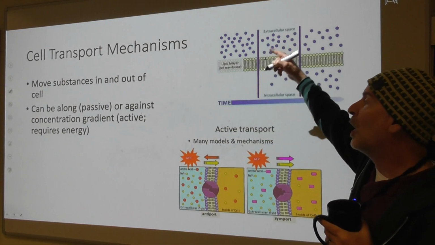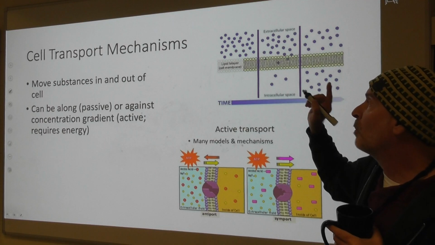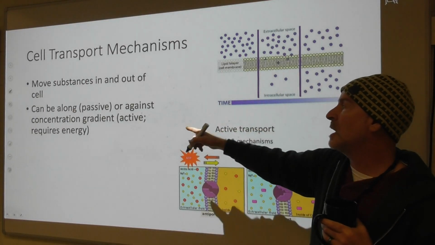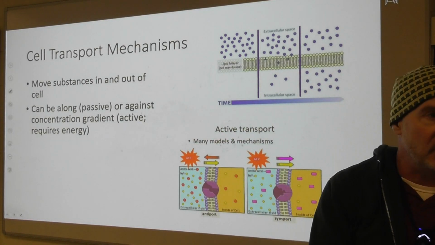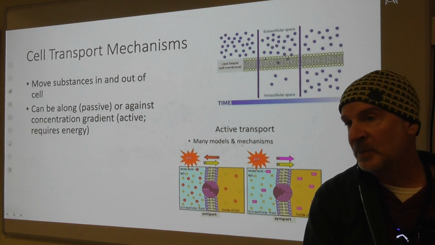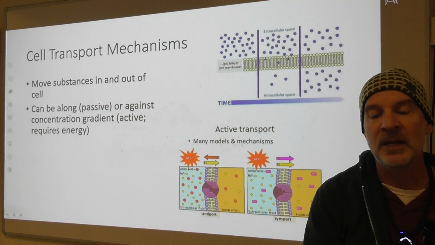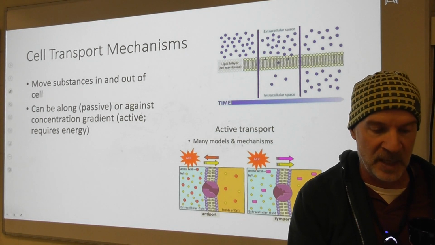If they move along or with the concentration gradient, from higher to lower concentrations, then we say that that's passive. It doesn't require any energy input from the cell. It'll just happen on its own. If we want to move something from a place where it's less concentrated to where it's more concentrated, then we need some sort of energy to make that happen.